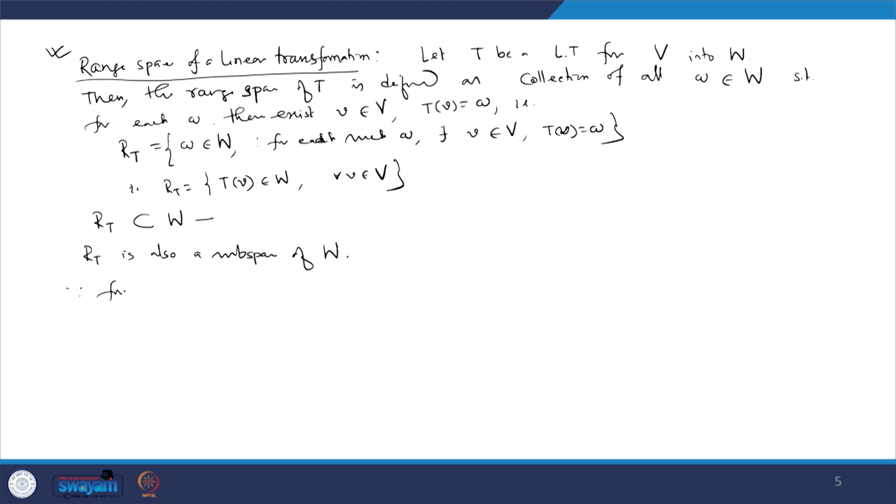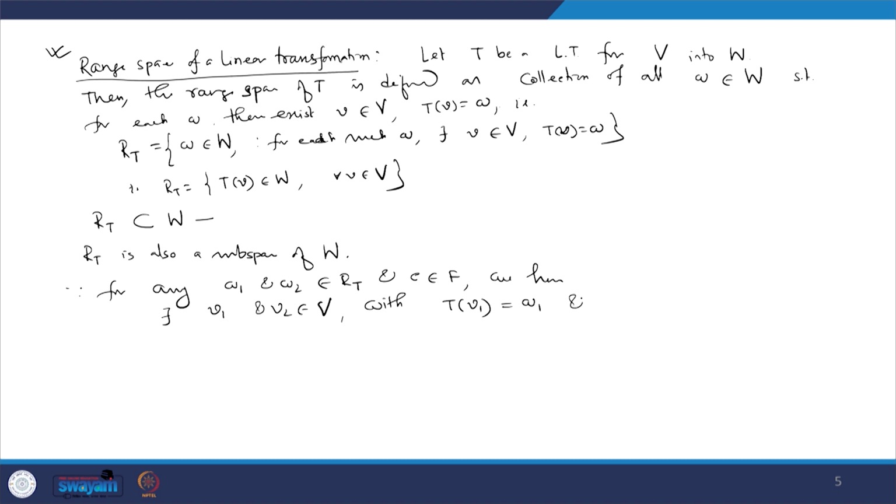Because for any w1 and w2 belonging to RT and c belonging to capital F, there exist v1 and v2 belonging to capital V with T of v1 equal to w1 and T of v2 equal to w2.